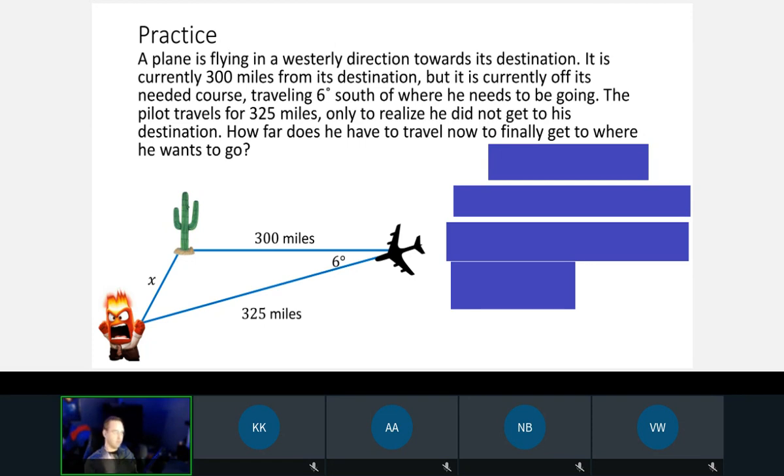Again, green check if you are done, nobody should do an X yet. We've got about 40 seconds left. Keep working.